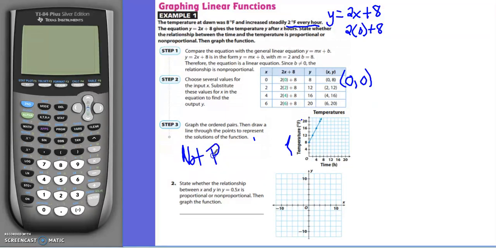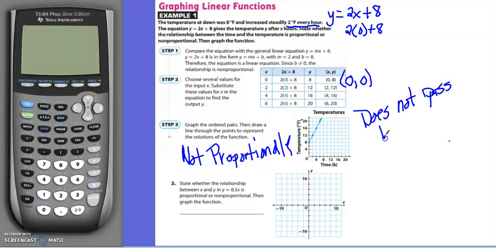Not proportional, and the reason is it does not pass the origin.